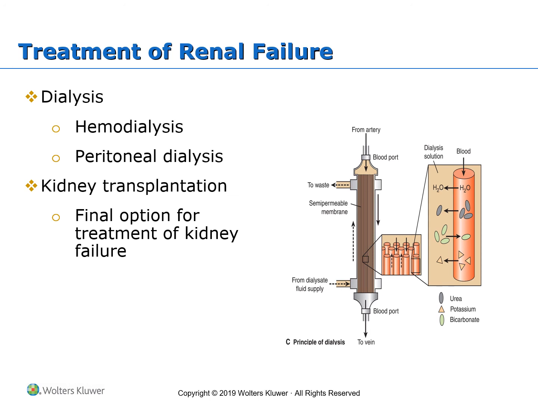A more permanent solution for renal failure patients can be given by a kidney transplantation, and that can be a final kind of treatment for any type of kidney failure. However, it's easy to match people to have a kidney transplant.